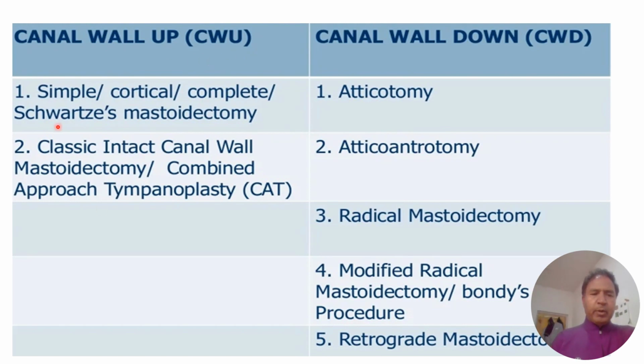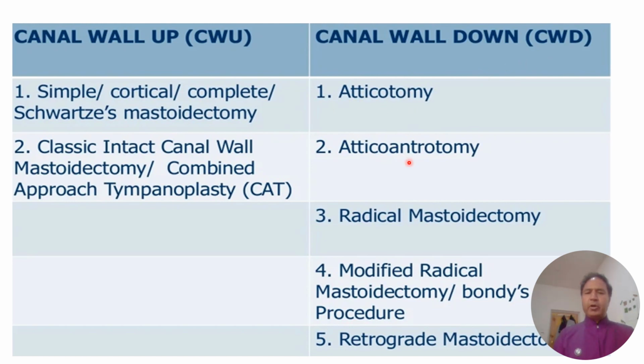Canal wall up: simple cortical complete shortest mastoidectomy, classical intact canal wall mastoidectomy, combined approach tympanoplasty. Canal wall down: atticotomy, atticoenterotomy, radical mastoidectomy and modified radical mastoidectomy, Bondy's procedure and retrograde mastoidectomy. So when we lower down the canal wall, it is called canal wall down.